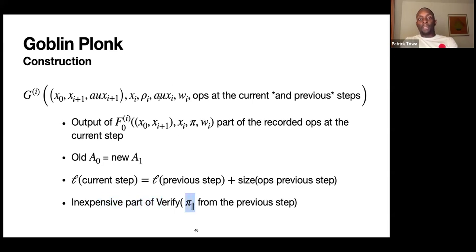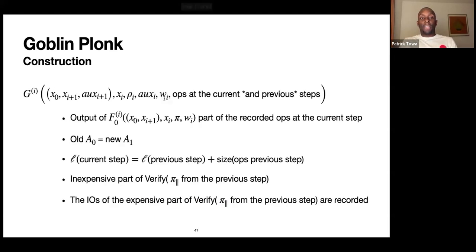Basically, the proof that is going to be in x_i, because it needed to be checked somewhere. So I take the proof of concatenation at the previous step, and I check it at this step. And I want to make sure that the input and output of the expensive part of the verifier is also recorded, because then I'm going to check that at the next step.